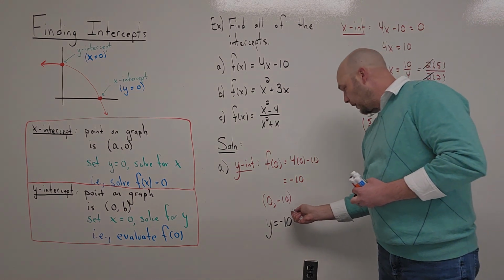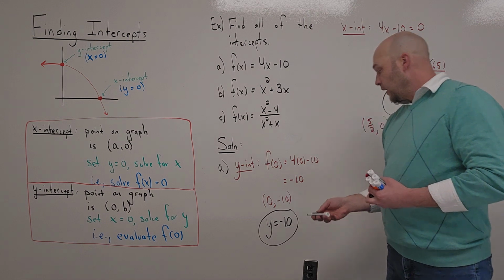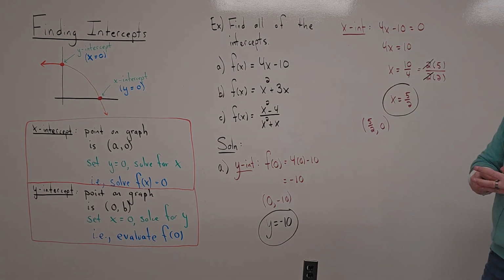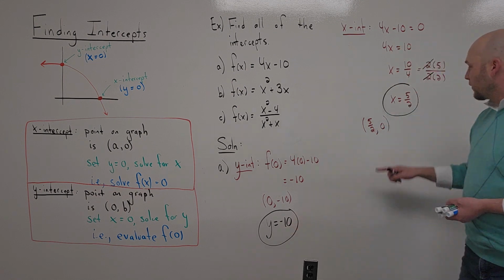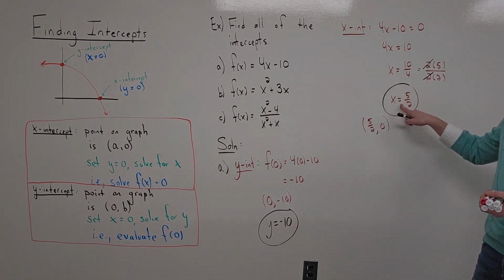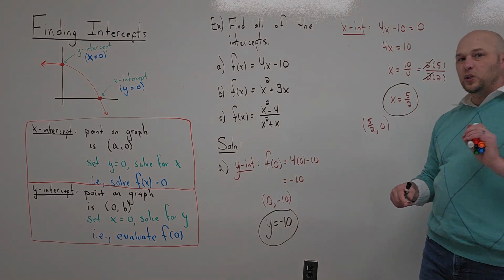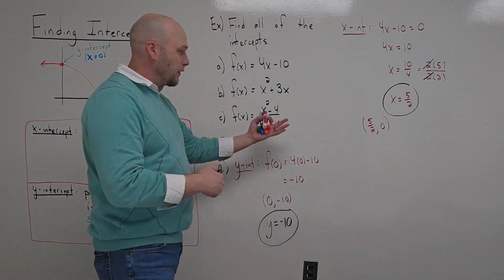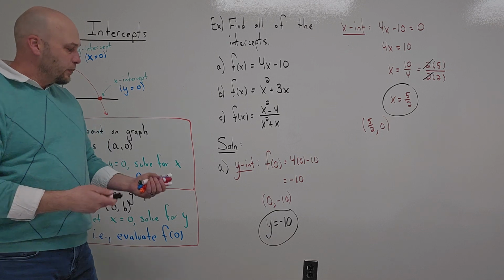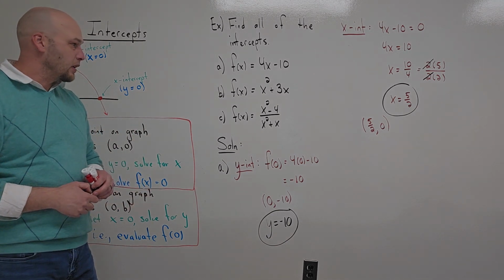So we might write it by just listing the number, because for the y-intercept, we know that the other coordinate is 0. For the x-intercept, we know that the other coordinate is 0. So it is a slight abuse of notation where I just list the one number, even though it represents an ordered pair, but sometimes it's convenient to do that.